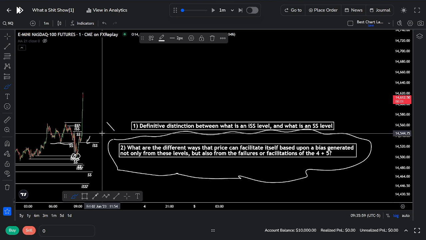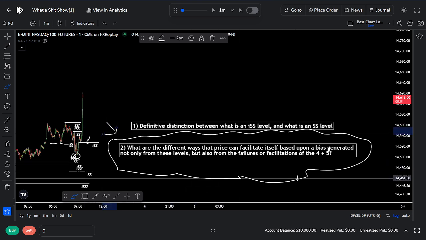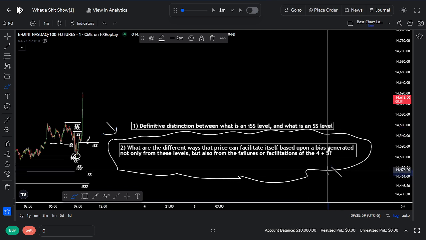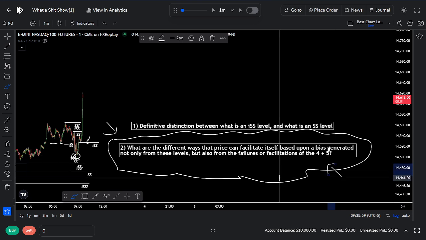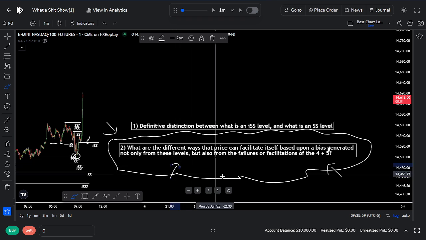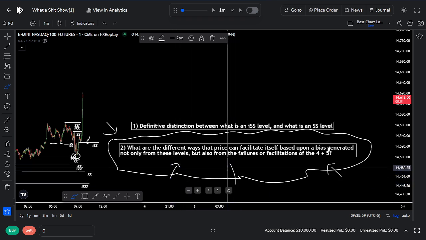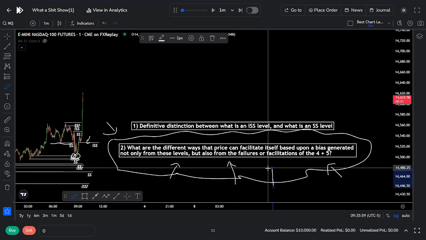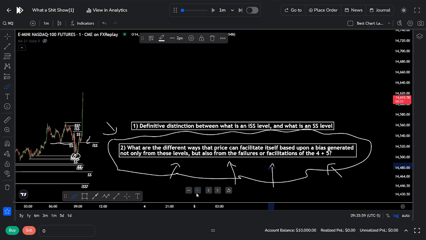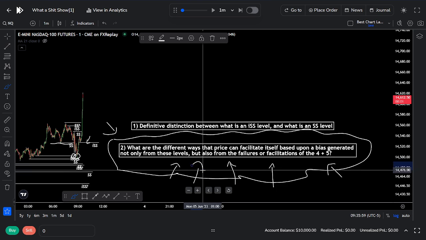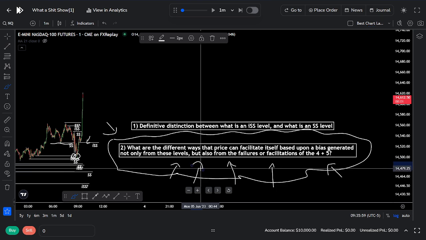What are the different ways that price can facilitate itself based upon a bias generated not only from these levels, but also from the failures or facilitations of the 4 and the 5? How can we learn to differentiate these things and to generate a proper bias outside of market structure and from the perspective of failed sequences?